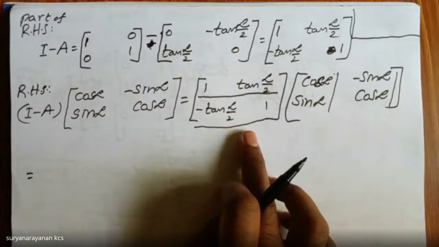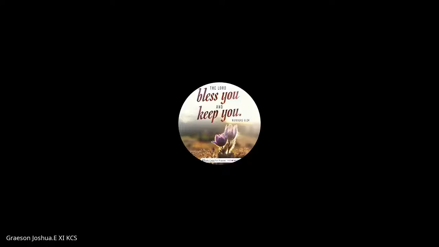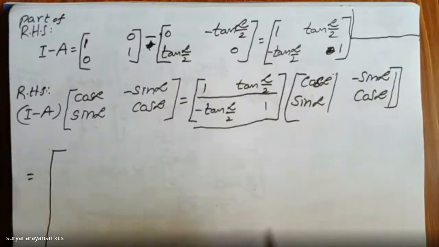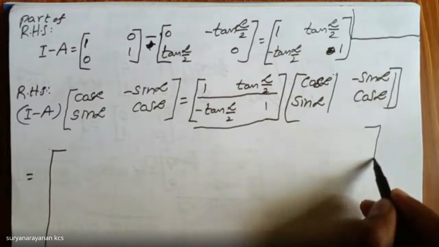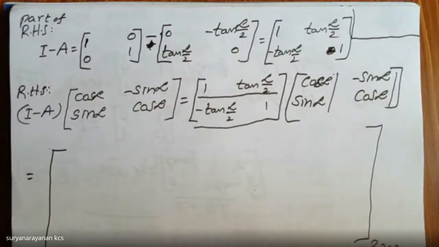What is the order of this matrix? 2 by 2. What is the resultant matrix order? 2 by 2. So 2 rows and 2 columns, totally 4 elements. Just by observing the order of the matrix, we can find the number of elements.